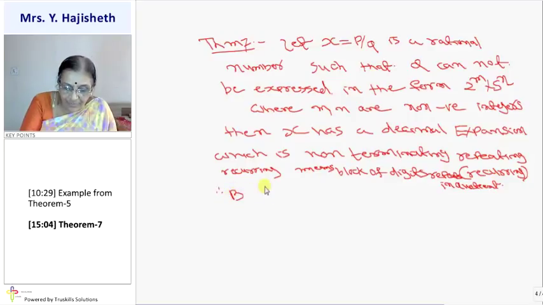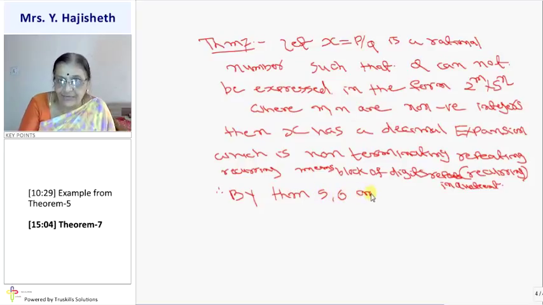Therefore, by theorem 5, 6 and 7, what do 5, 6 and 7 say?